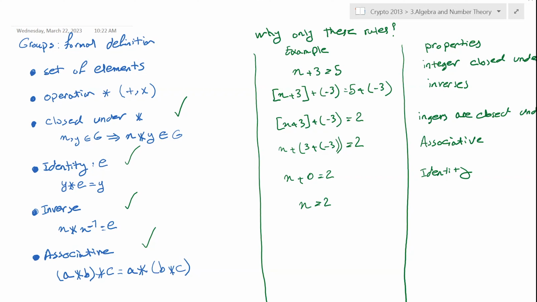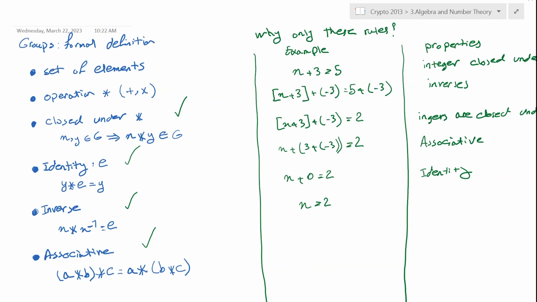If you add more rules over here, then you're kind of restricting that group into some unnecessary smaller groups that you can find out there. But that was not the purpose. The purpose was to make them as general as possible so that they can cover more groups.